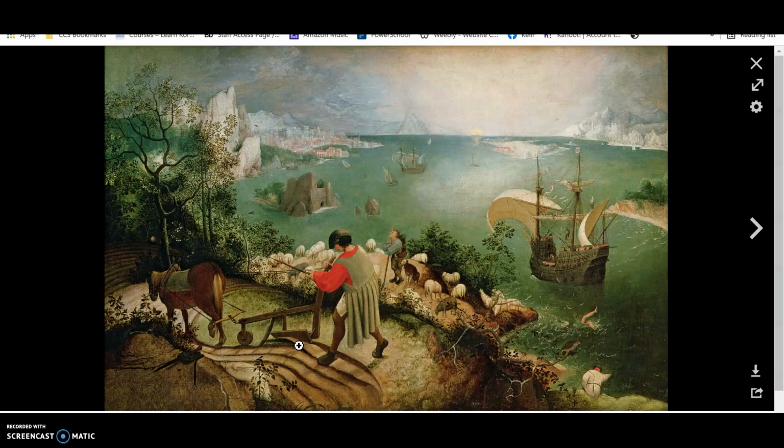He took his inspiration from the Flemish painter Pieter Bruegel, his painting, which you see in front of you, "Landscape with the Fall of Icarus."